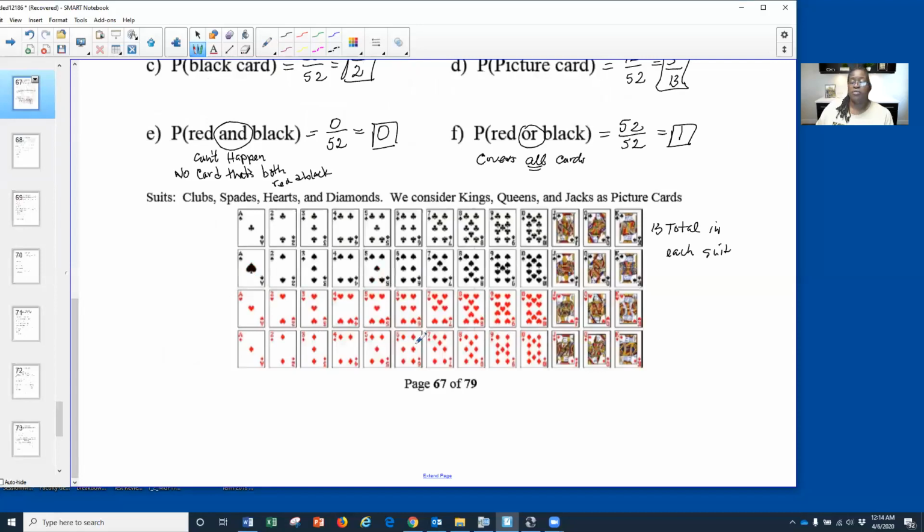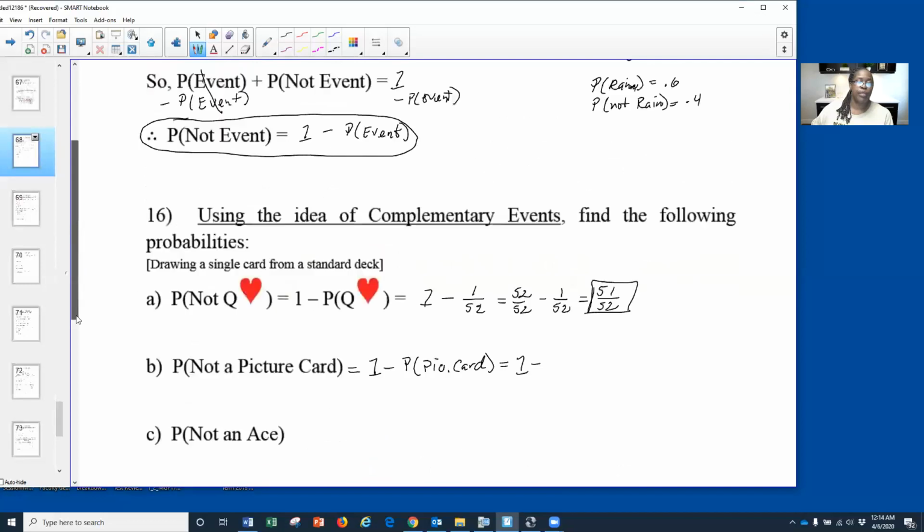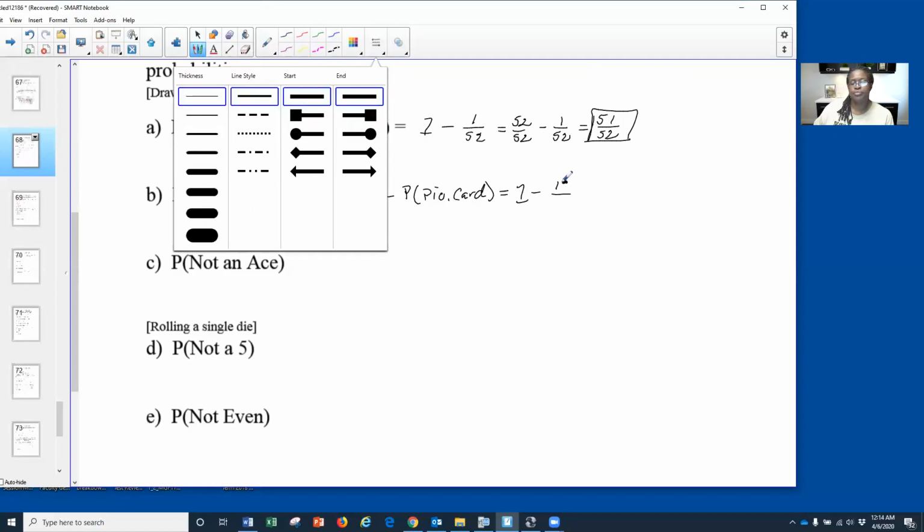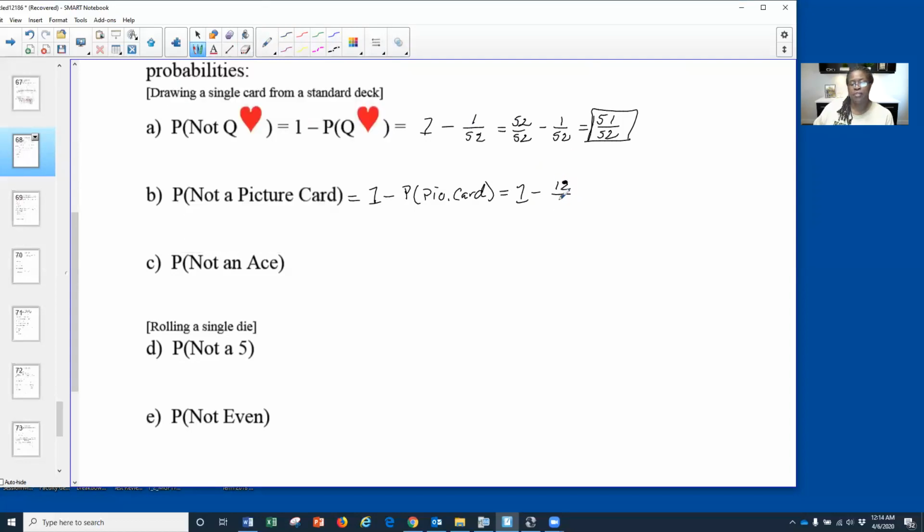So again, remember, you'll have this on the test. So we have 3, 6, 9, 12. 12 picture cards. So we have 12 out of 52.